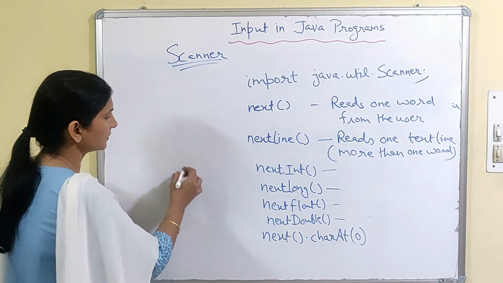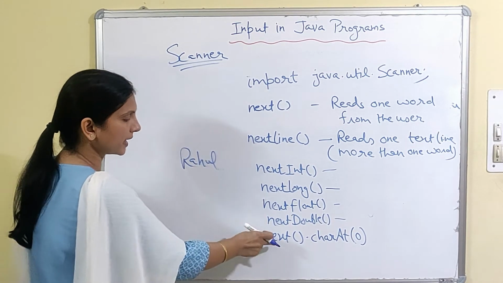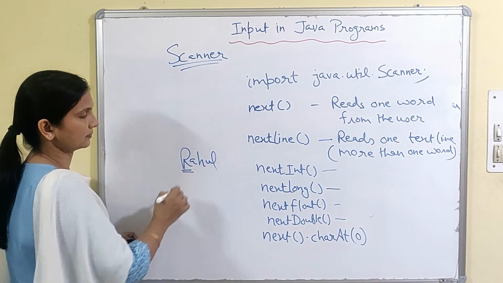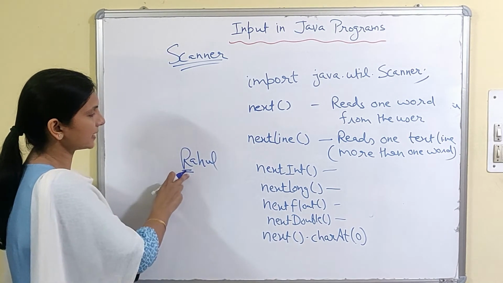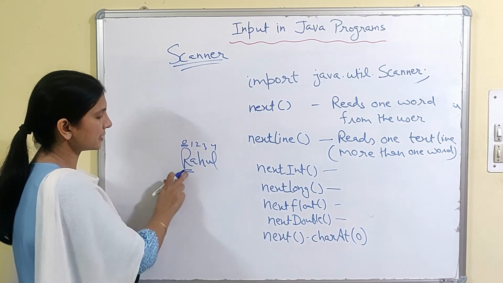Like I have written the word Rahul. In this case, if you write next().charAt(0), it will read R. Because what is the character at the 0th position? 0, 1, 2, 3, 4. What is the character at the 0th position?